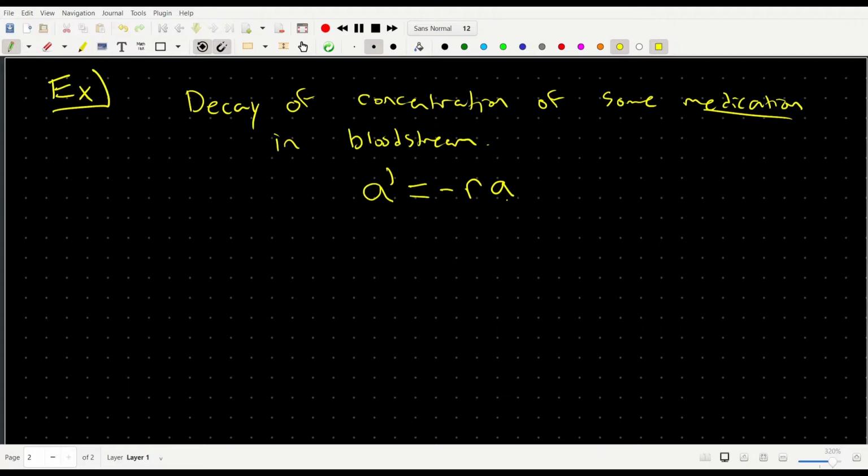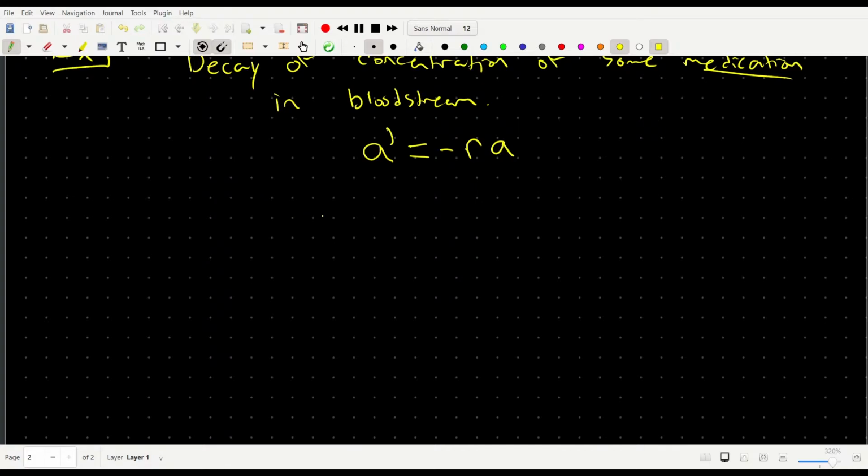This is the standard equation of exponential decay, and it's relatively straightforward to show that the solution to this differential equation is that the concentration of the medication in the bloodstream, A of t, is equal to A naught, the initial concentration, times e to the negative r times t.